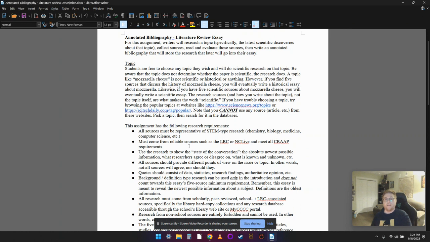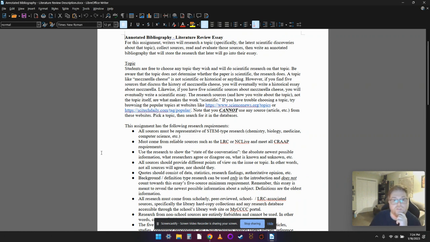That would be scientific because it's medical in that case. So the trick is to make sure that the sources you're using are the science type sources, not necessarily the topic. That being said, the topic can be scientific in the way you might normally think of it.